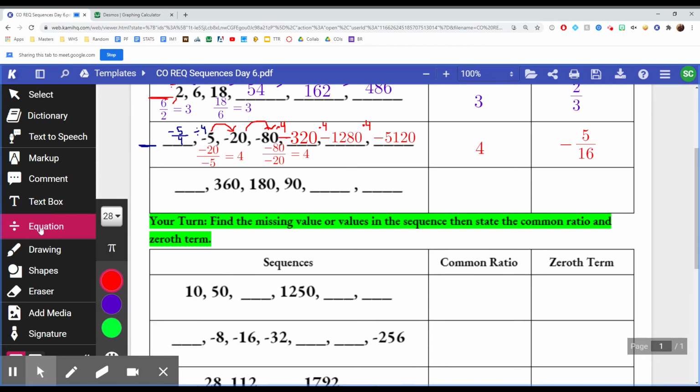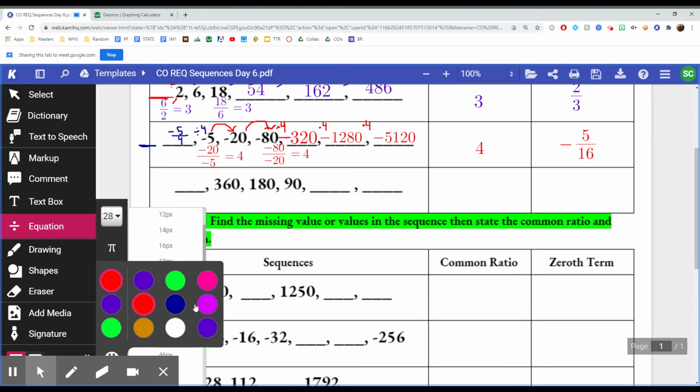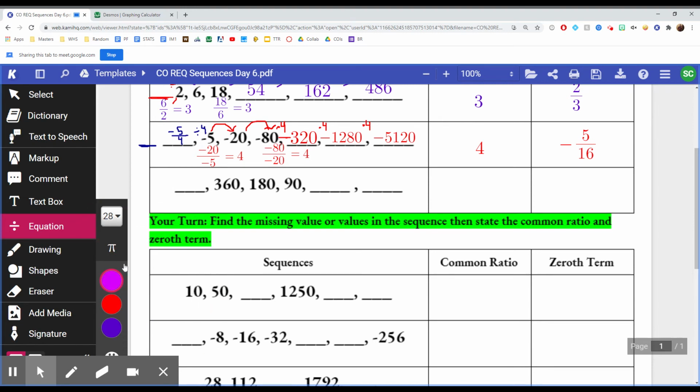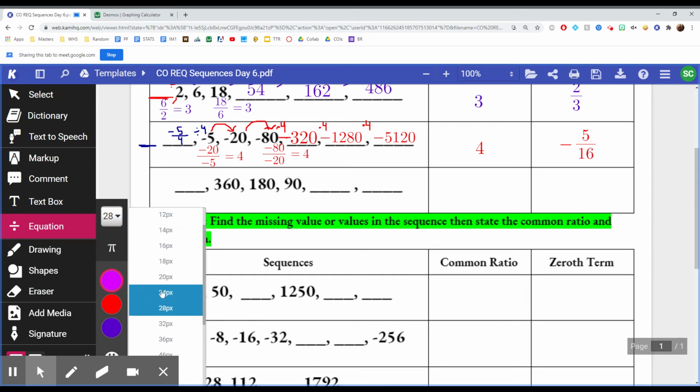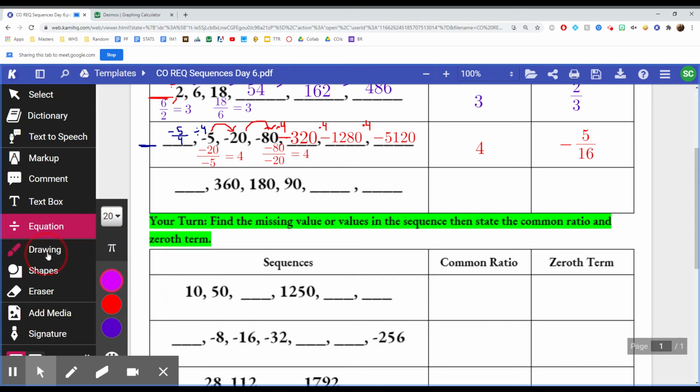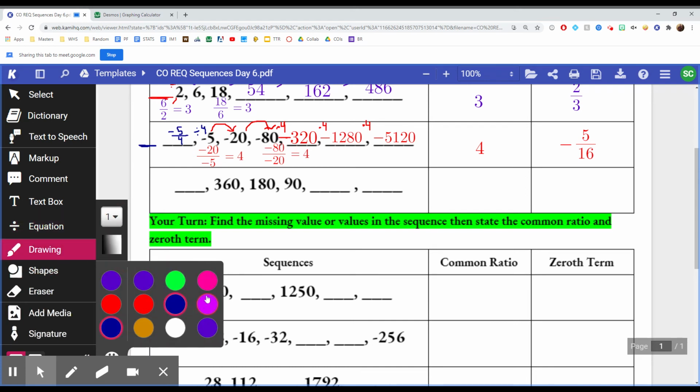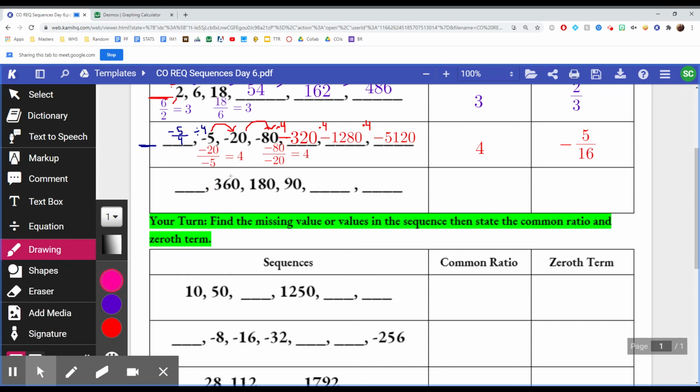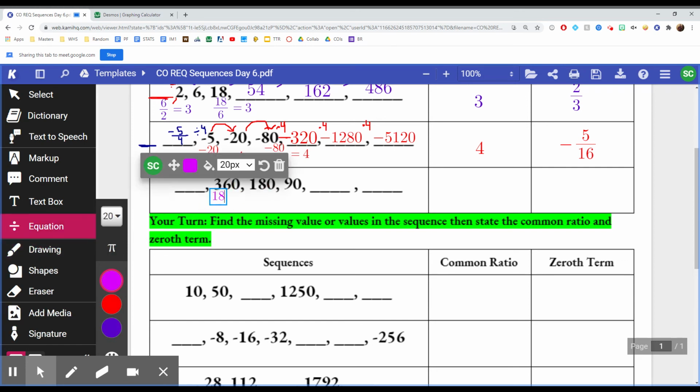So we're going to find the ratio, and to do that I need to divide. What am I doing to 360 to go to 180? Okay, so I'm going to divide 180 divided by 360.